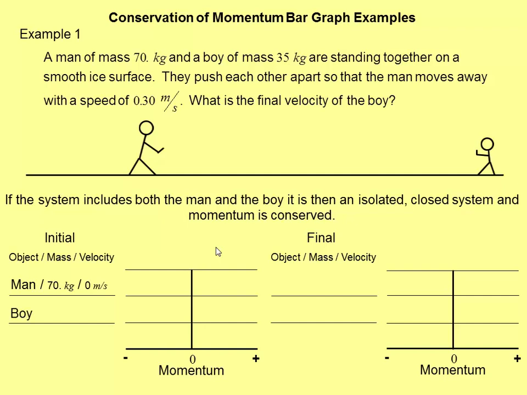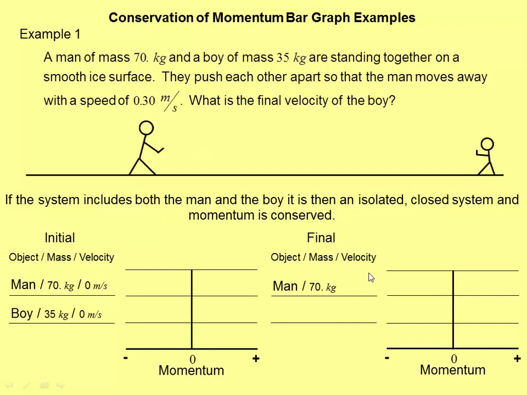The boy has a mass of only 35 kilograms, notice half the mass, and his initial velocity is also 0, and therefore he has no momentum. Since these are the only two objects in our system, that means that we have a 0 initial momentum.